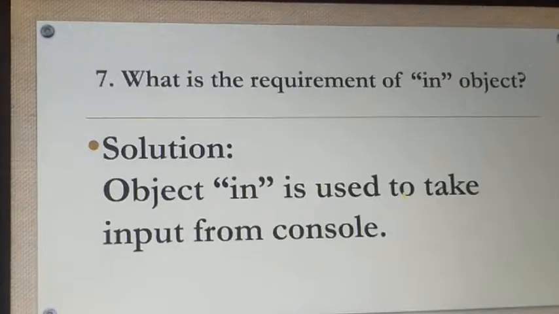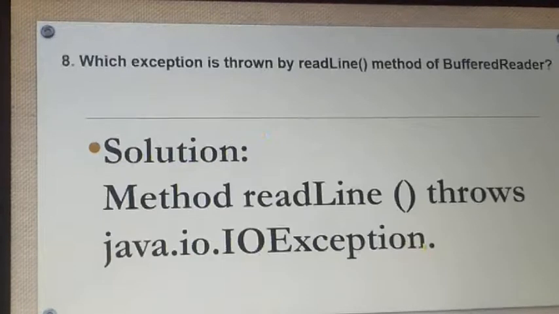Seventh question is, what is the requirement of in object? Solution is, object in is used to take input from console. Eighth question is, which exception is thrown by readLine method of BufferedReader?